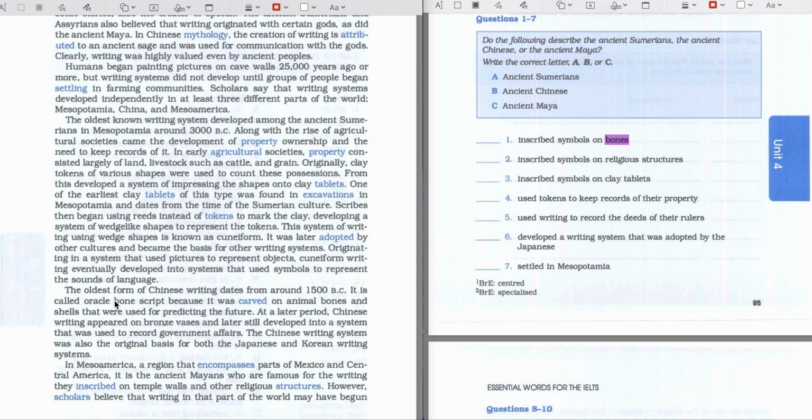Let's highlight this word, bone script, in your text. Who used a bone script? It was the Chinese. Let's highlight this answer. So your answer to the question is going to be Chinese, which is B.